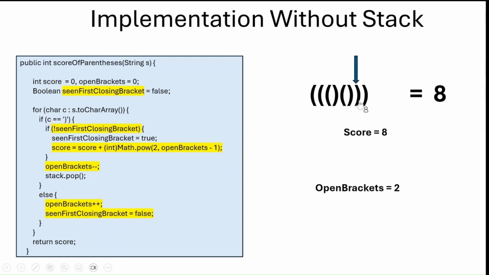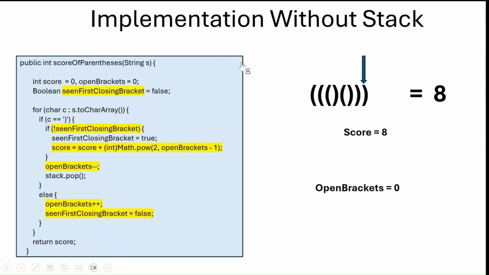Now this closing bracket is not the first closing bracket. Basically, this closing bracket does not indicate an empty parenthesis, right? We have already calculated the score contributed by each empty parenthesis based on the open brackets, so for this closing bracket we just need to continue parsing. And once we finish the parsing, we have this score as the final result, which is 8.